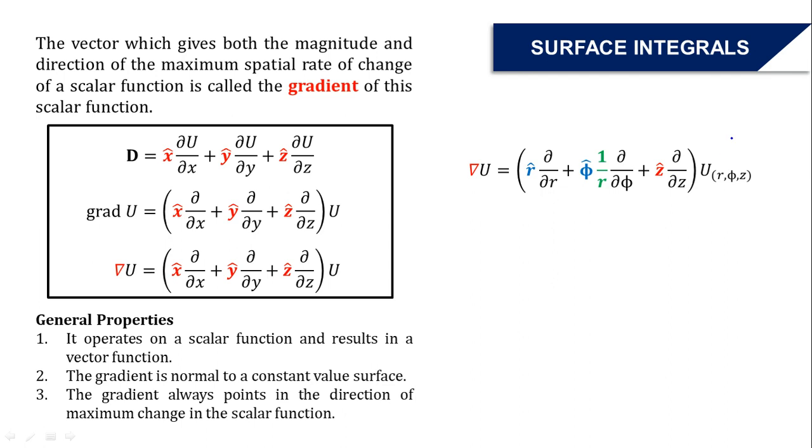Okay, so yung z actually pares lang siya ng Cartesian, kaya ganyan na siya. Okay? And then sa cylindrical naman or sa spherical naman, ito naman yung ating formula. Ayan.